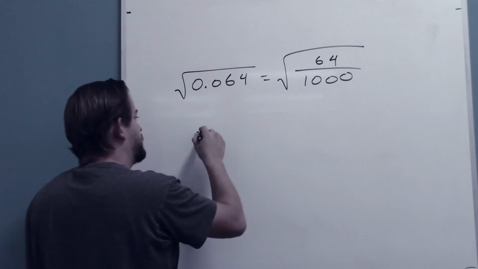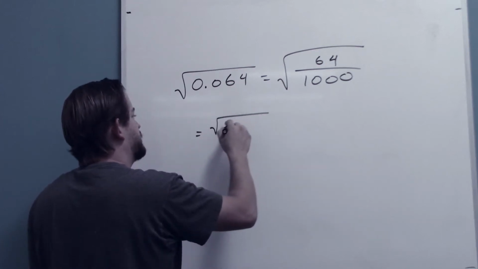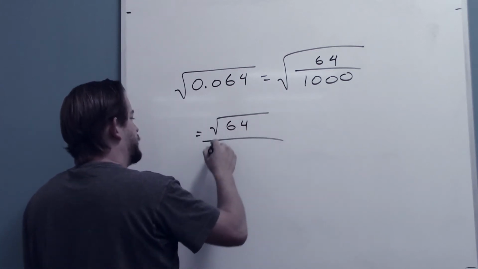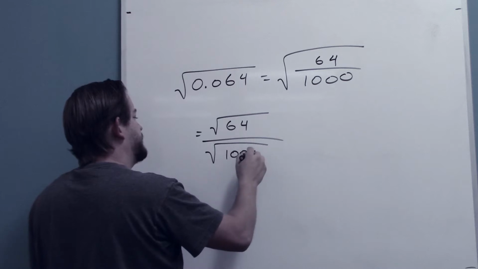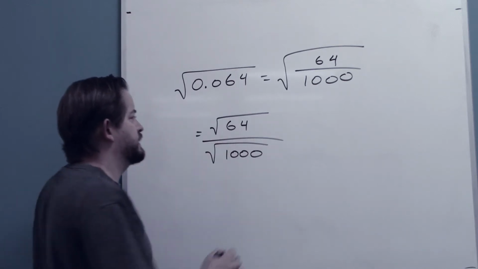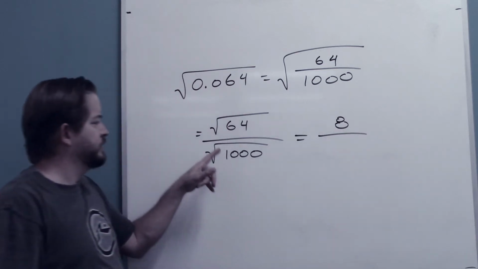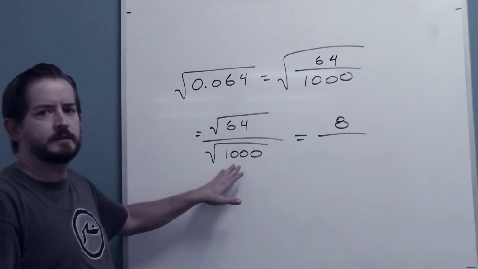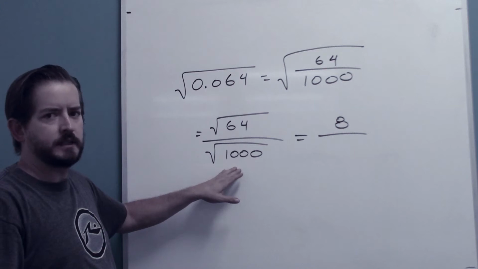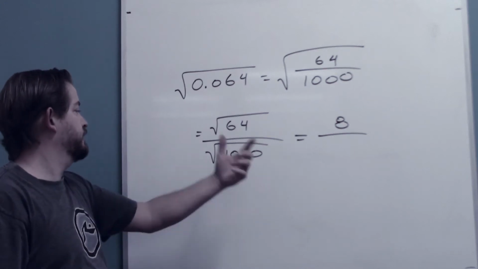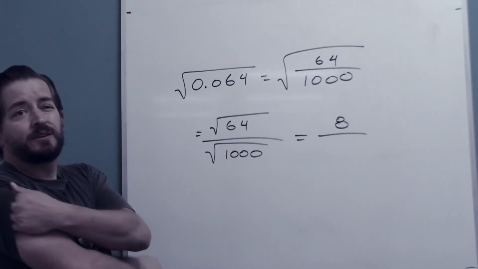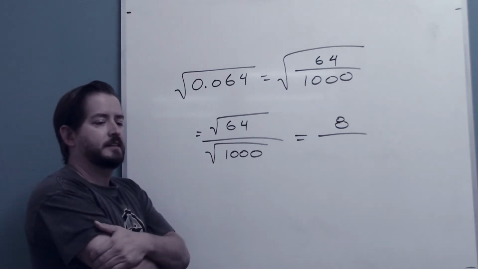I can break this up into the square root of 64 and the square root of 1,000, and it looks great so far. The square root of 64 is 8, but the square root of 1,000 is not great. If you have a calculator, throw it in there. The square root of 1,000 is not a nice number.